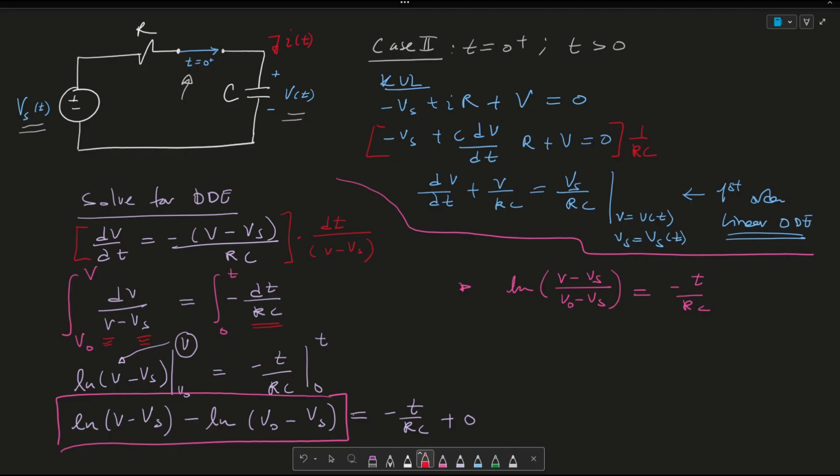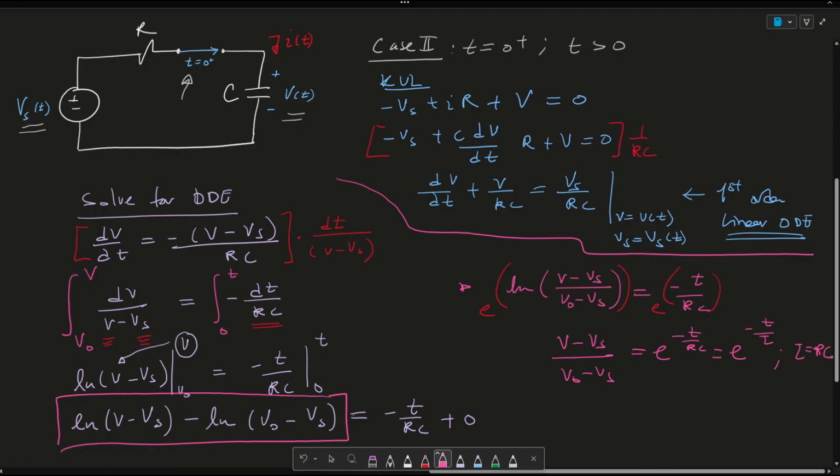And again, to get rid of an ln, we take the exponential of it on both sides. So then what we get is V minus Vs over V0 minus Vs is equated to e to the minus t over RC, which we call e to the minus t over tau, where tau is equal to RC. And then we basically want to solve for this V here. That's our end goal.